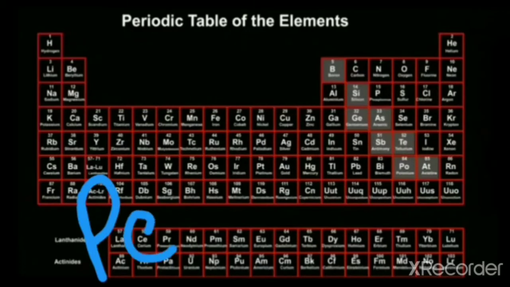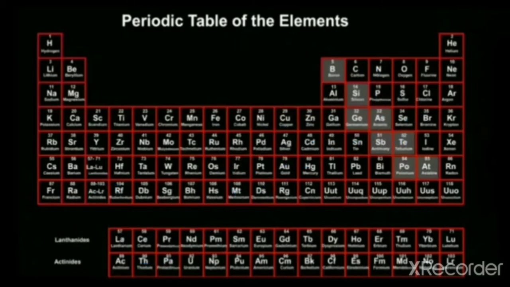So we need to discuss what periods are. Periods are the horizontal rows in the modern periodic table. Just like in Mendeleev's periodic table, the horizontal rows are called periods. Similarly, in the modern periodic table also, the horizontal rows are called periods.